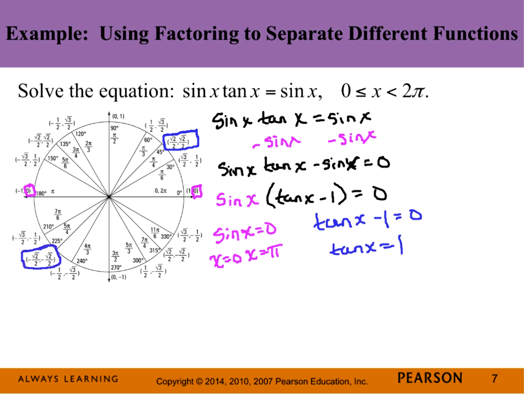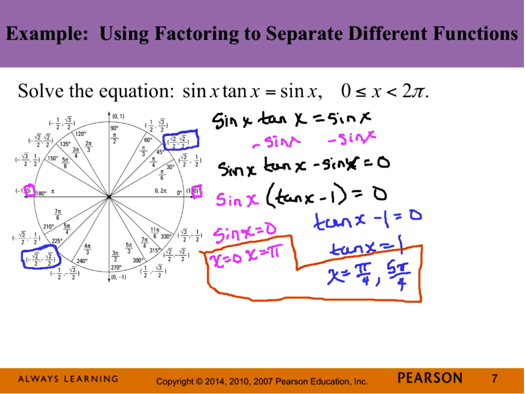So the tangent of x is 1 when x is equal to pi over 4 or 5 pi over 4. So I'm just going to box in our solutions. So we have the solution 0, pi, pi over 4, 5 pi over 4.